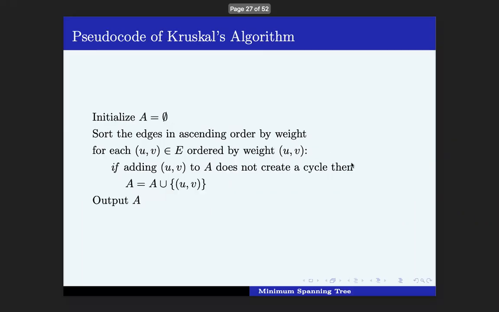Here is the simple pseudocode: sort the edges in ascending order by weight. Now for every edge in that ordering, you pick the edge UV. If adding the edge UV doesn't create a cycle, then you add it, and otherwise you move to the next. Any doubts about Kruskal's algorithm?